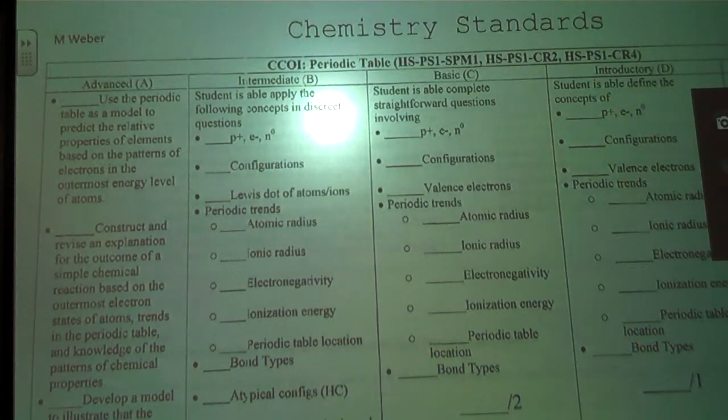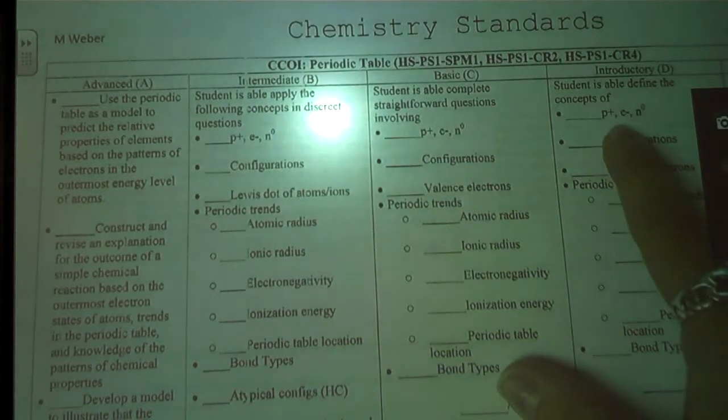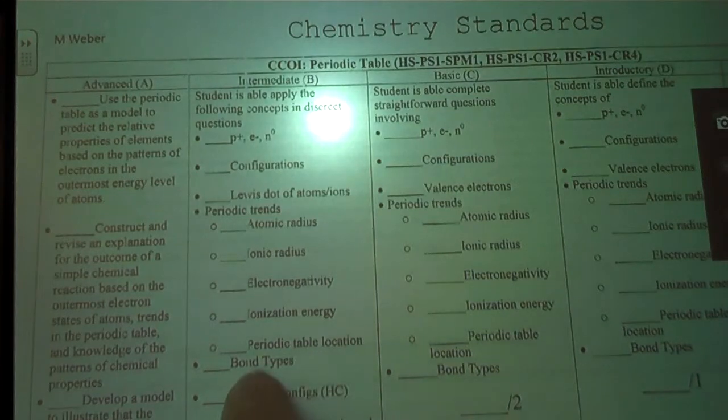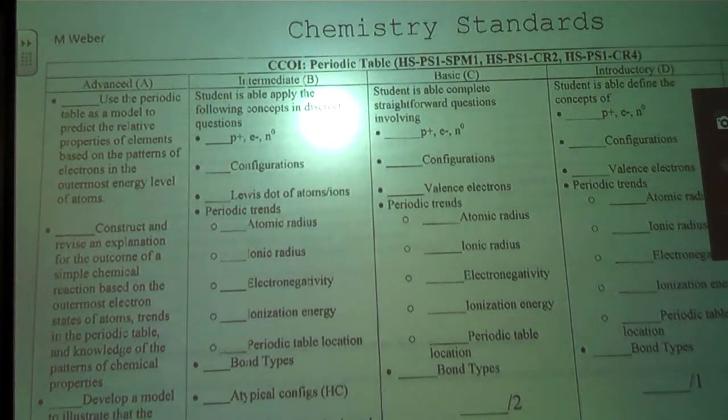So this setup is a little bit different than my original setup because originally, as I said, the concepts were grouped according to difficulty level. So simple things like protons, electrons, and neutrons would be over here in the introductory column, and harder things like utilizing bond type would be over here in the higher levels.